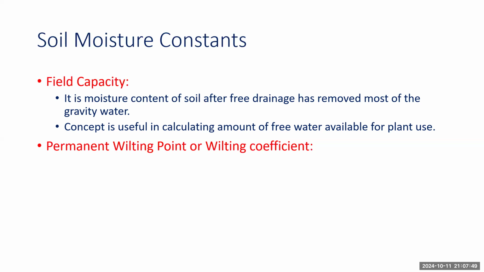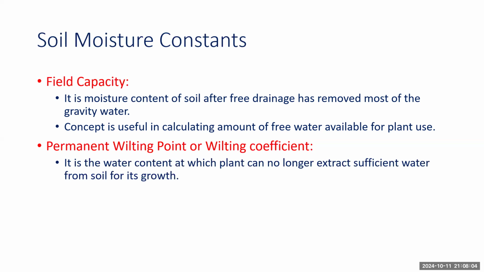After the field capacity, the next moisture constant is permanent wilting point or wilting coefficient. Okay, the term is permanent wilting point, or it is also known as the wilting coefficient. Now this is a soil moisture constant.